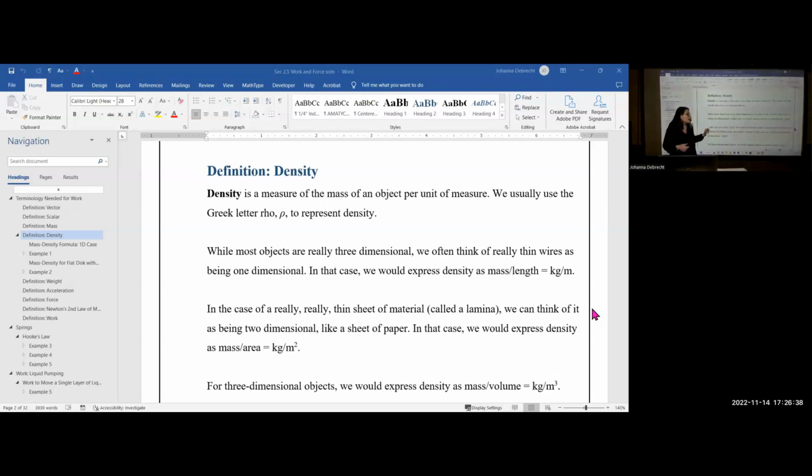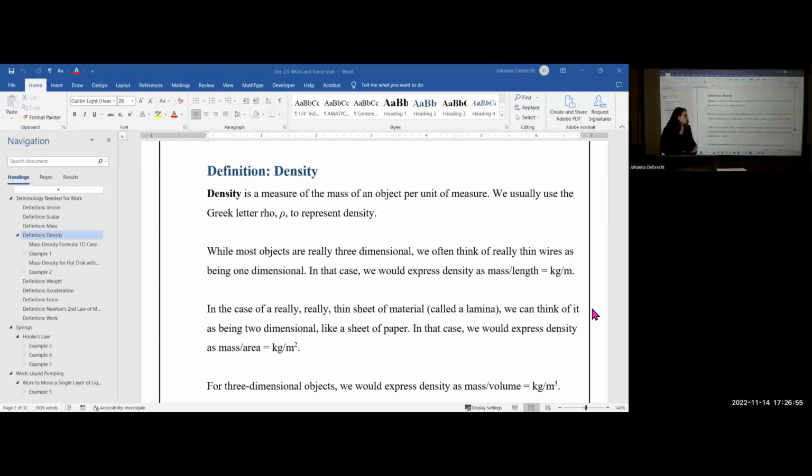Or we can talk about something that's really, really flat, like a sheet of paper. It's not really 2D. It is still 3D. It does have thickness to it, but we can pretend that it's 2D, and then we can talk about the density per unit of area.